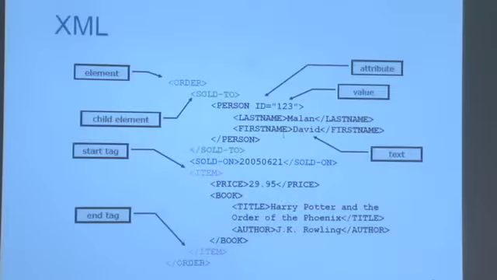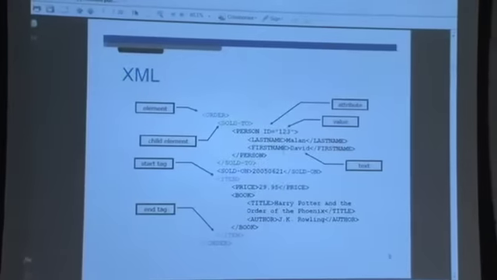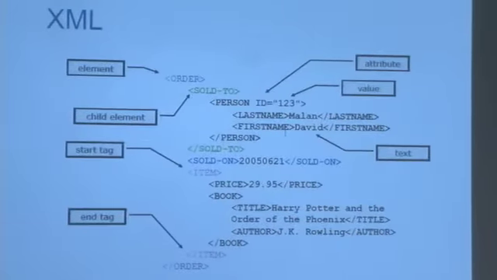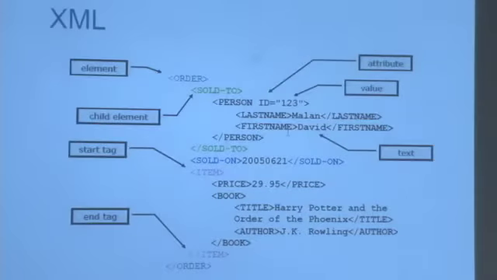When you're creating this XML, you can think of it as a tree where there's a root element, order, on the very top. And then there are children or descendants of this order: sold to, sold on, item. And then there are descendants of sold to, and descendants of item and book, and all these tags.